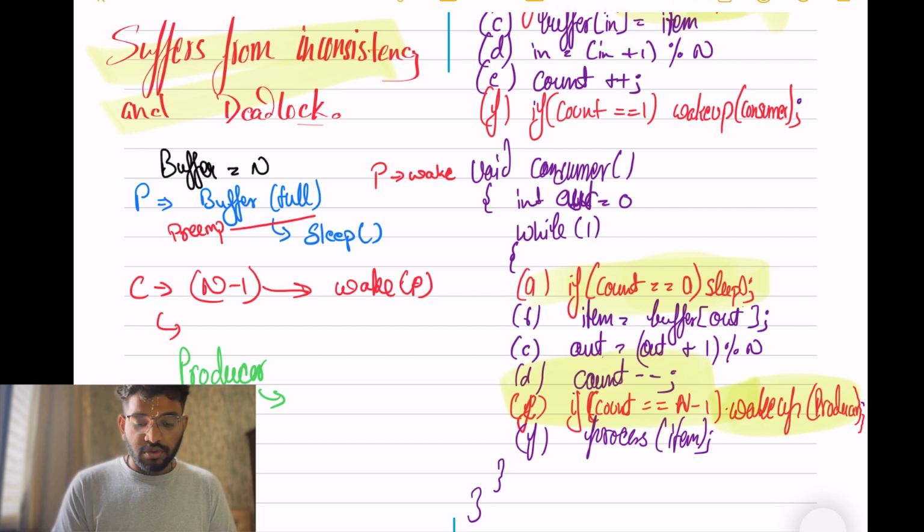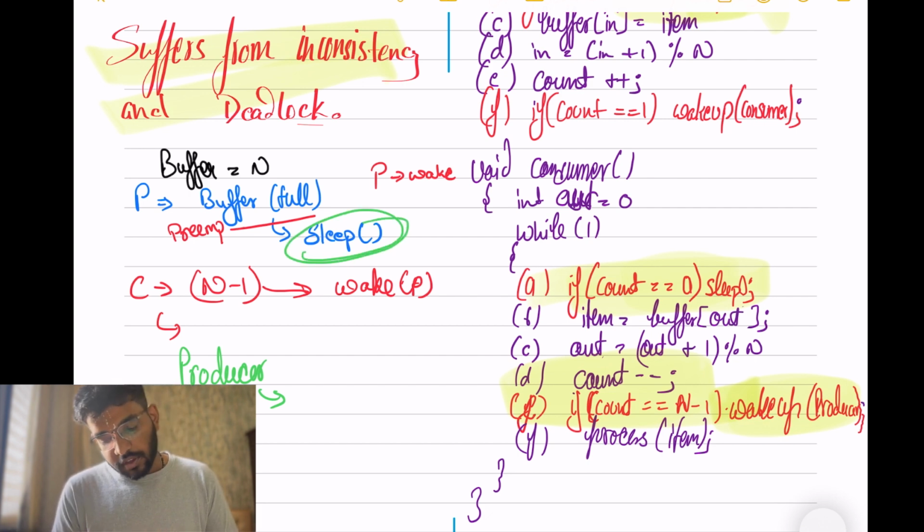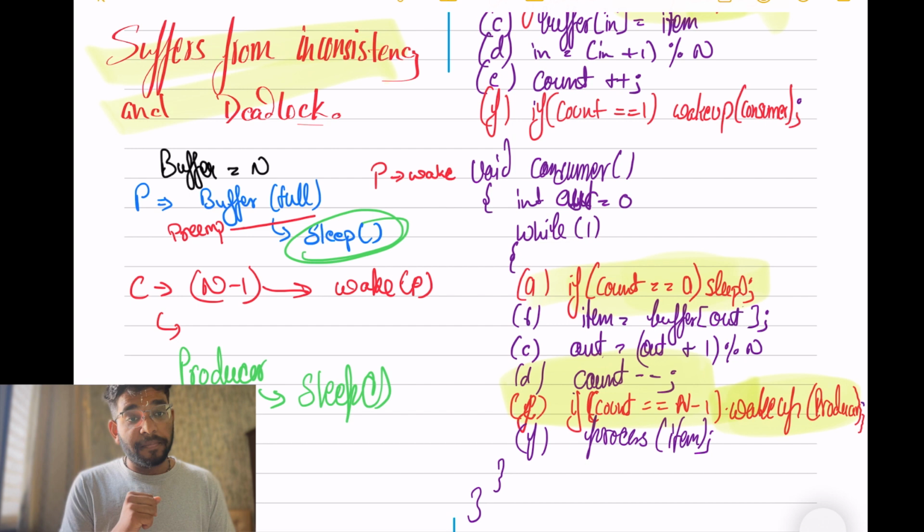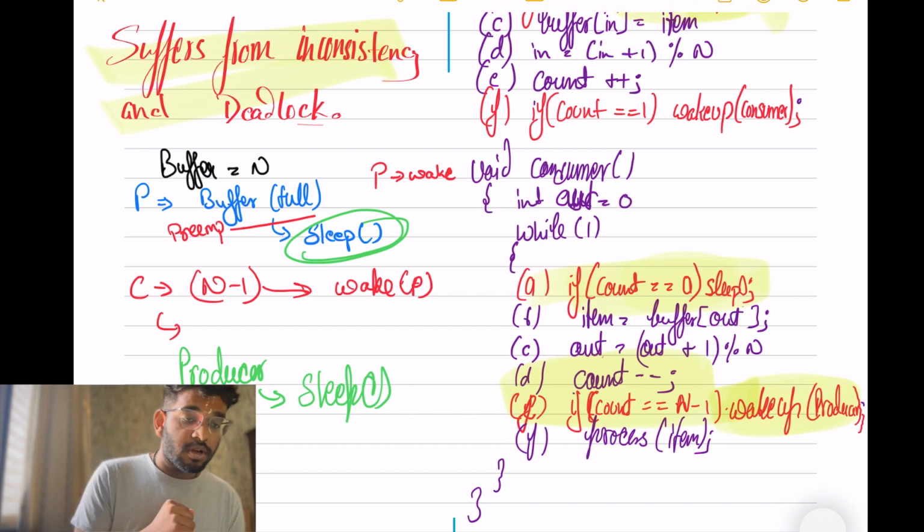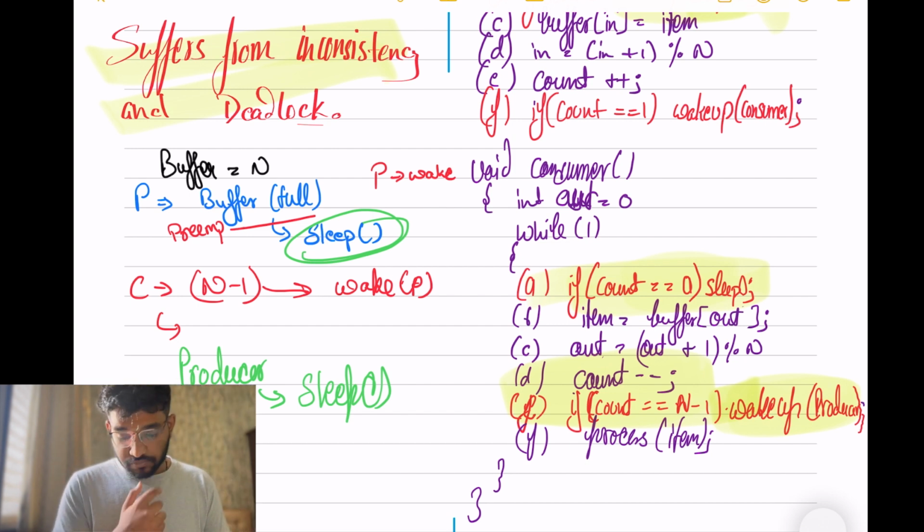Now the producer will execute the sleep statement. As the producer executes the sleep statement, it goes to sleep assuming that the consumer will wake it up, but the consumer will not wake the producer, as it thinks that the buffer is not full, and it already woke the producer before.